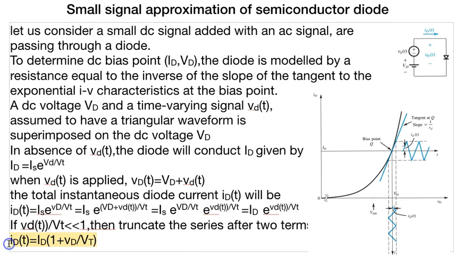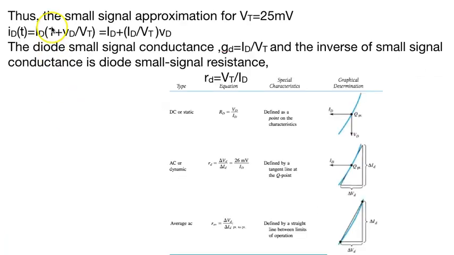This makes the time varying diode current a constant diode current, and it will remain the same throughout. Moving on with a small signal approximation, we can find that V_T is equal to 25 millivolts. If you compare it with the last equation, I_D is equal to 1 plus v_d over V_T, you will find, and then substitute, it's just the same.